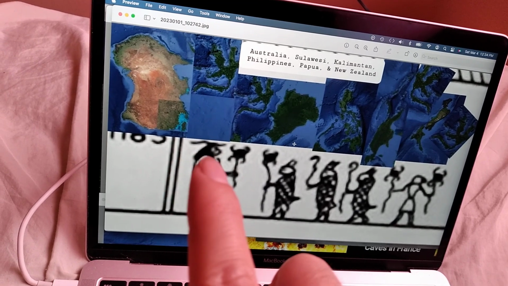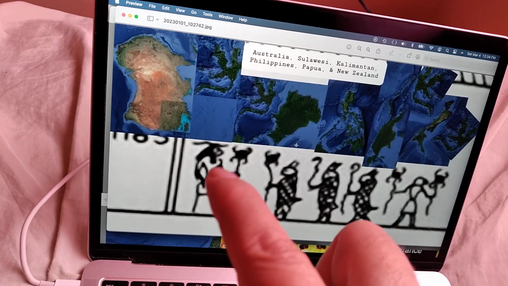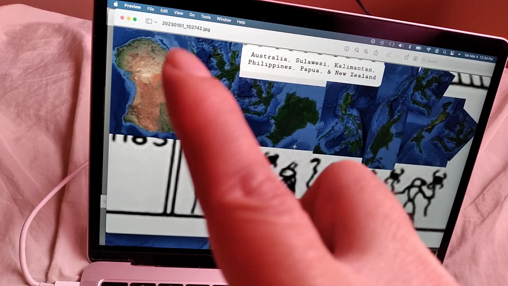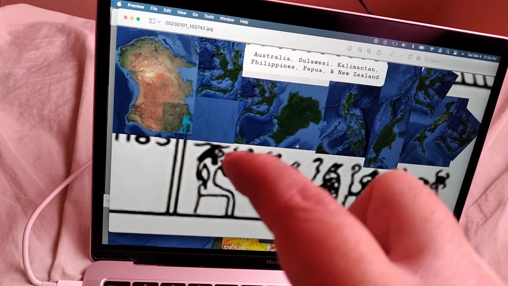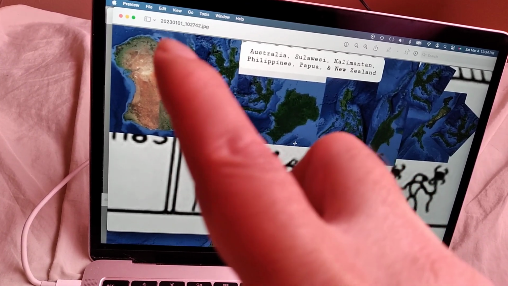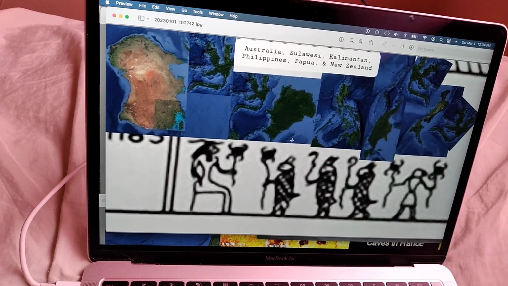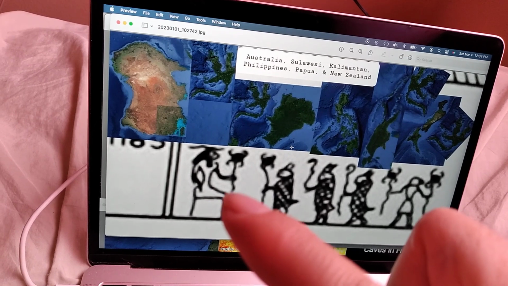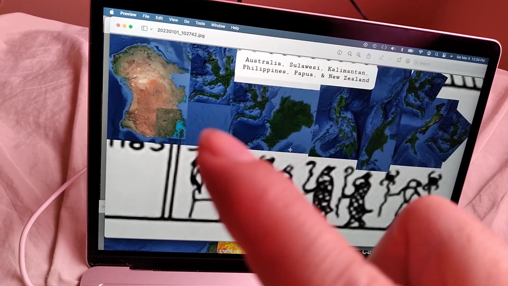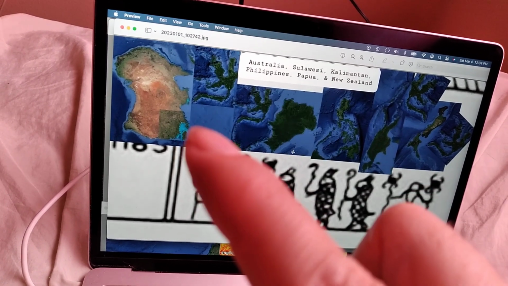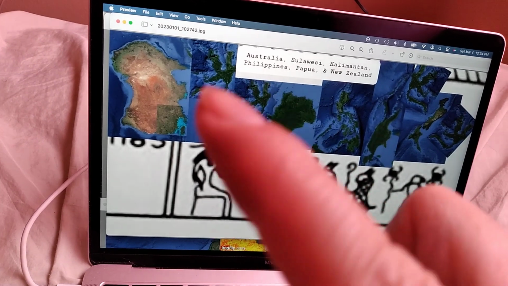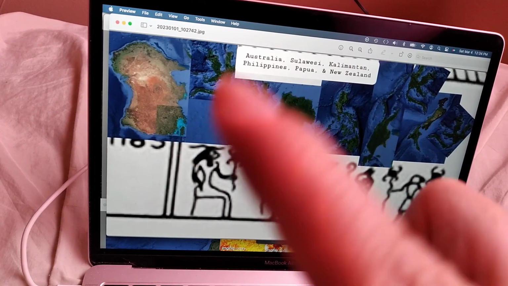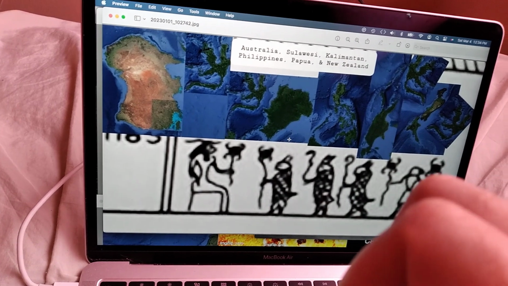So the peninsulas, Cape York is up here with the horns being the Great Barrier Reef, and his bent knee and legs seeming to be this Cobourg Peninsula and maybe the Tiwi Islands.